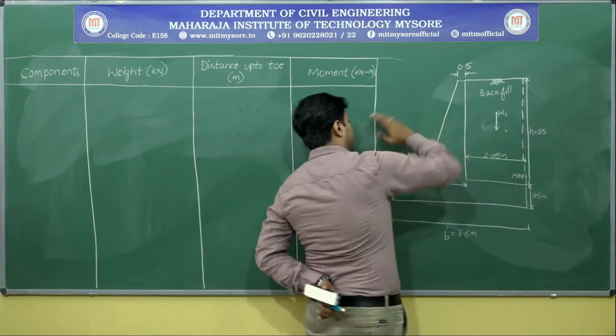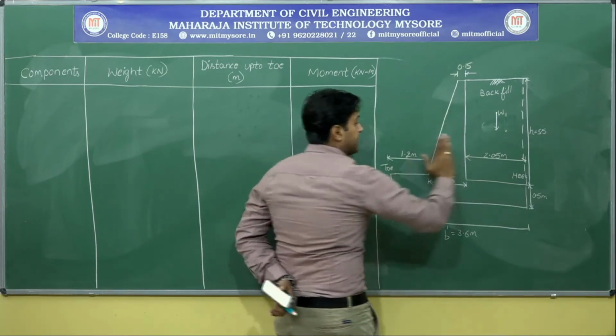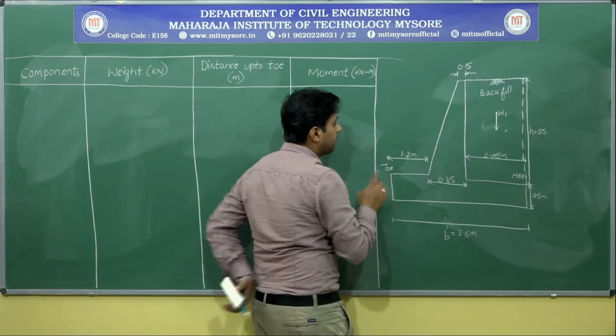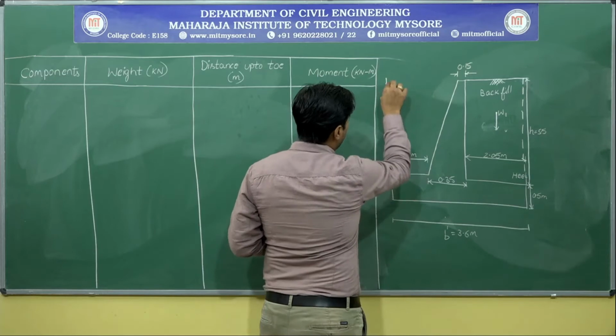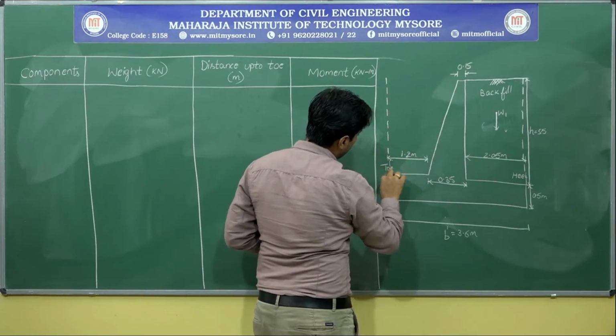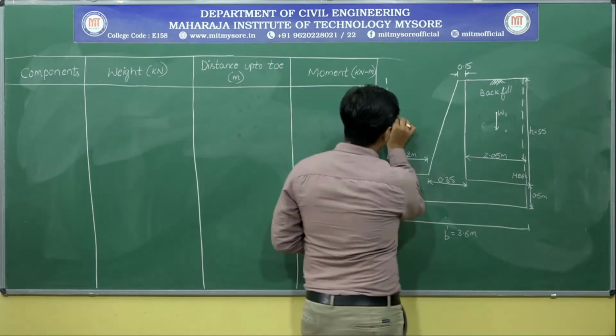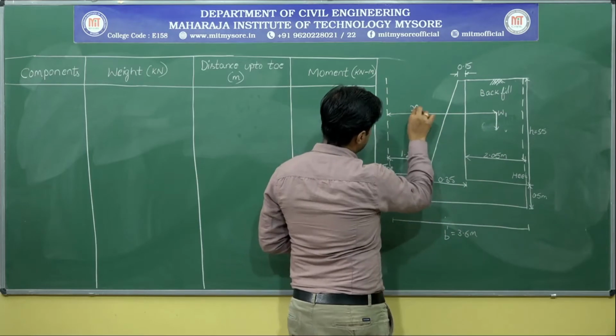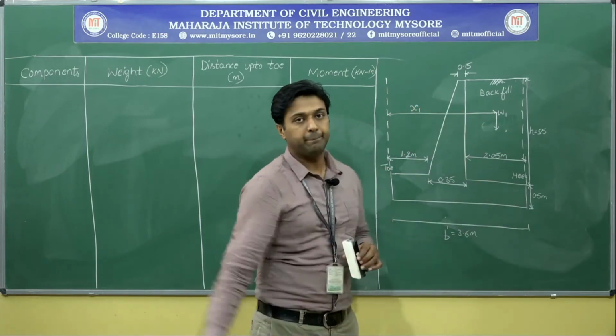If it wants to overturn, it's about this point. If it has to move, this is the point. That's why the toe is the critical point. So remember, I will calculate each and every value with respect to the toe. So I want this particular distance. I will be calling this distance x1.